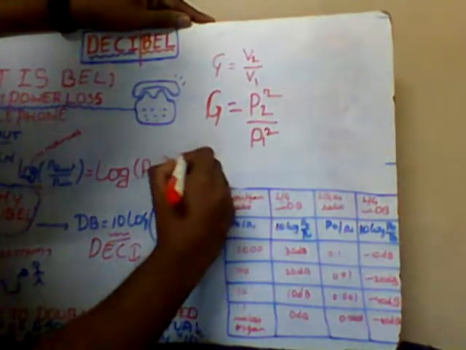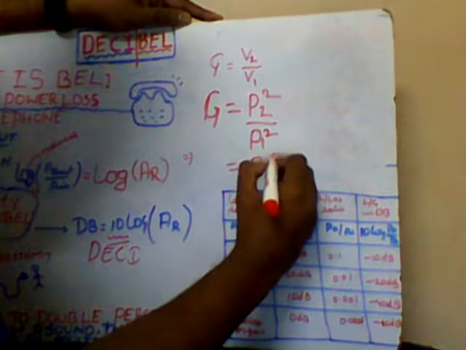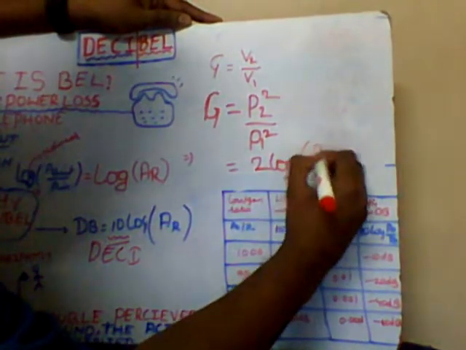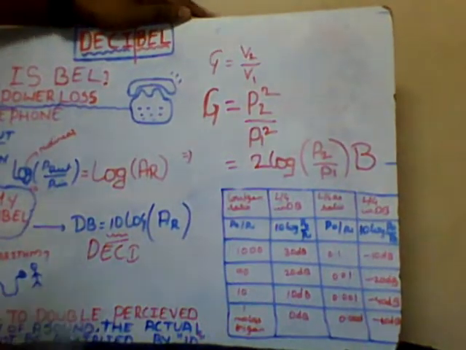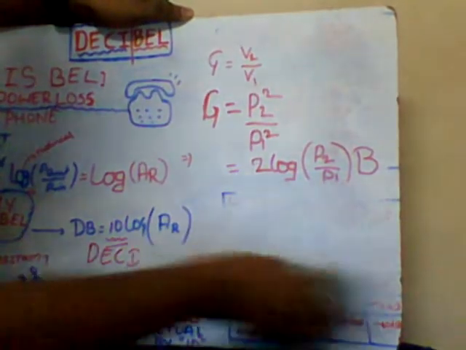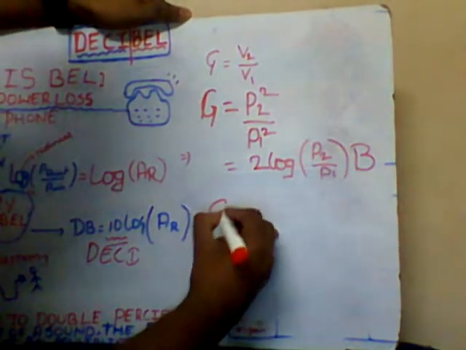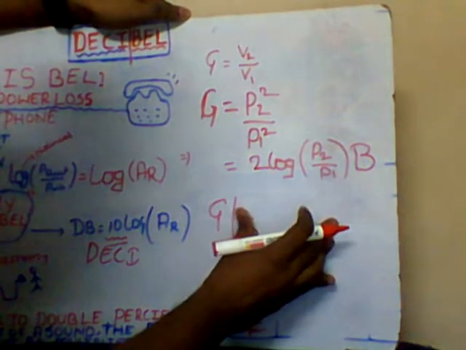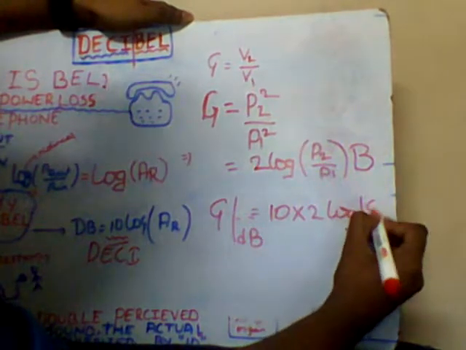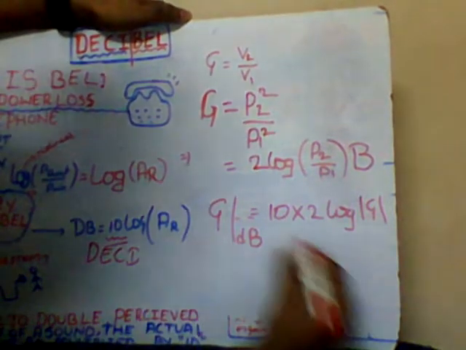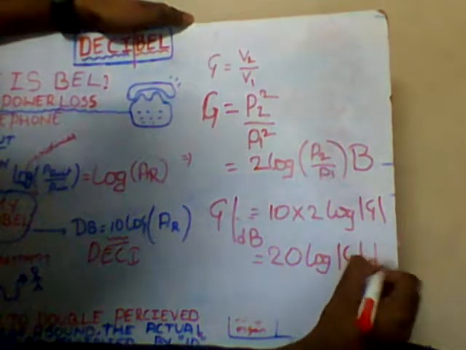Now, if you consider it in terms of bell, that is 2 log P2 by P1 B. So now, if you consider it in terms of decibels, gain in dB is defined as 10 into 2 log of the initial value G, that is equal to 20 log G dB.